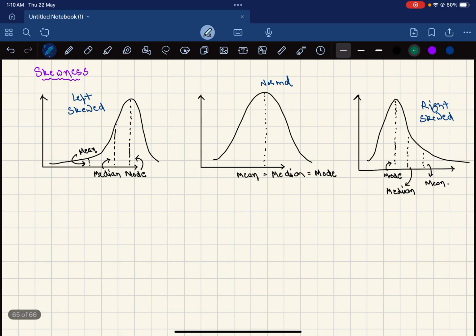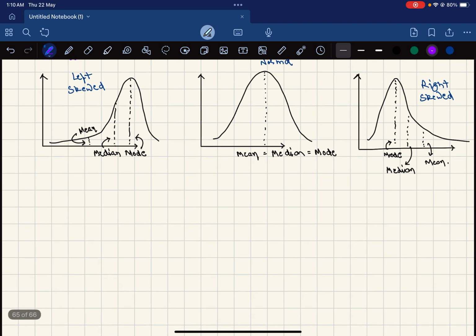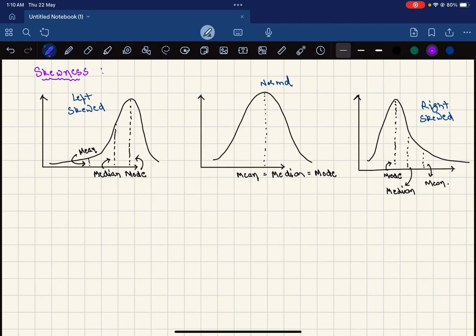Next, what we'll be looking at is something called skewness of a particular distribution. Now, skewness is a measure of asymmetry around its mean.